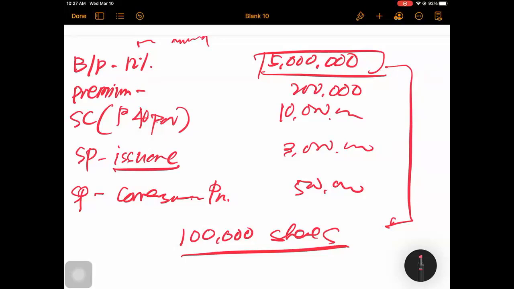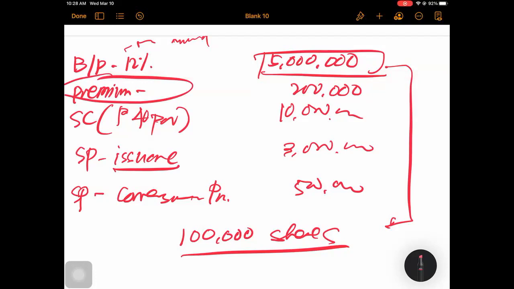Lower, lower. Why lower? Because there is premium. Okay, that's correct. Because there is premium, it means the effective rate is lower than your nominal rate. So if it is 12%, probably your effective rate is 10% or 11%.